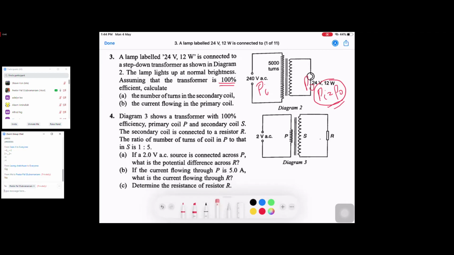Now next one. Calculate the number of turns in the secondary and current in the primary. All of you try now. All of you are given 2 minutes to try. Semua orang cuba 2 minit. Write down in your notebook. Must have your notebook by now.